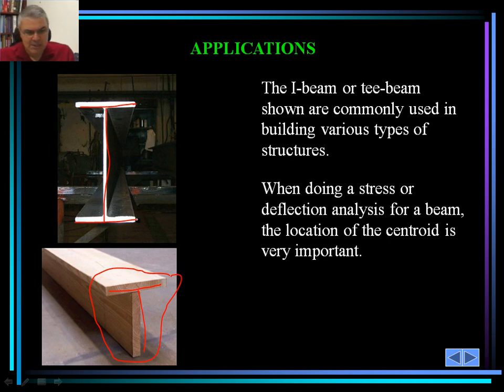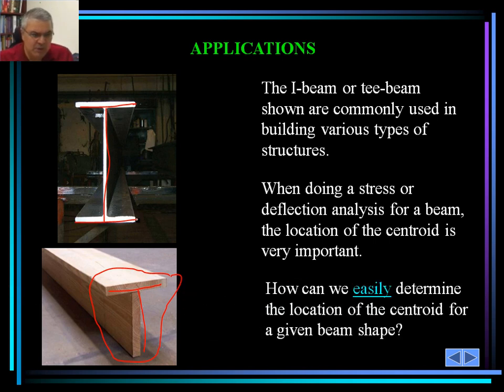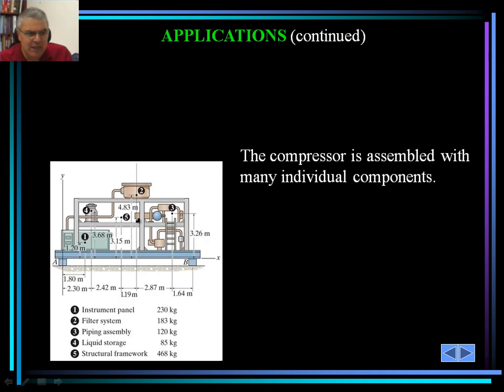Later on, when you get into more advanced topics and design, you will see how these sections are used as an efficient part of the design of our structure. So when doing a stress or deflection analysis of the beam, it is very important to know the location of the centroids. Now, how can we calculate this? You will see in a minute.